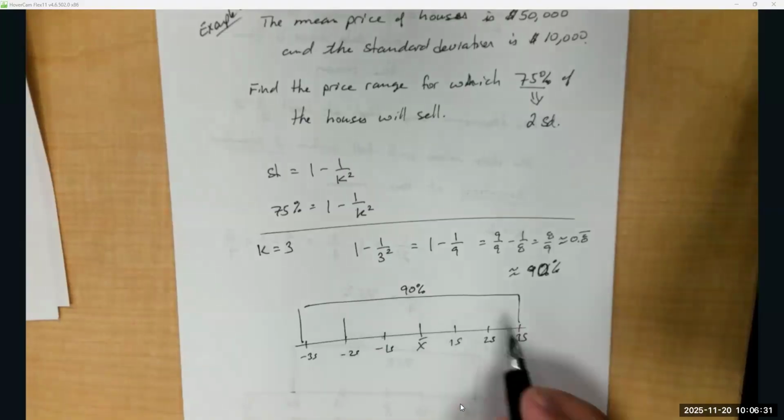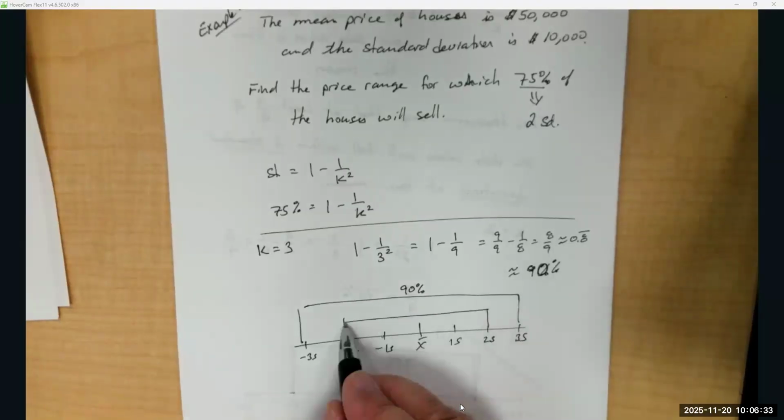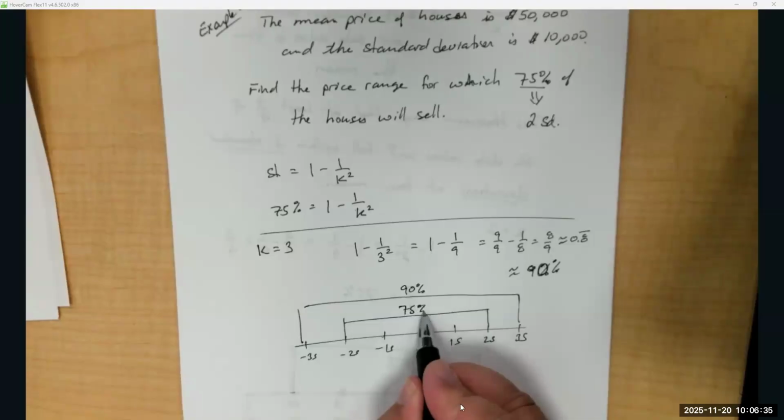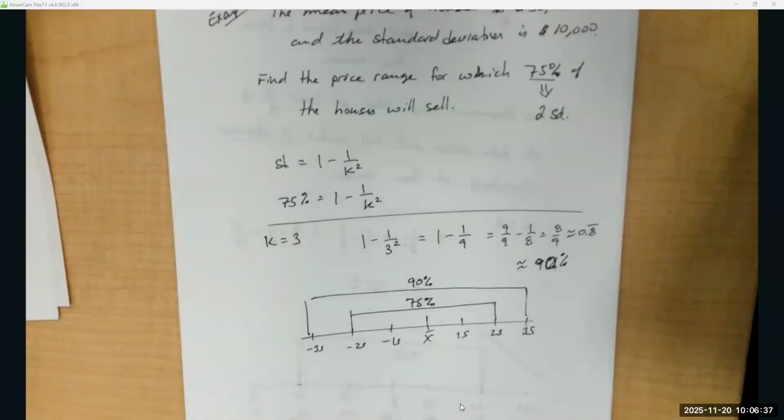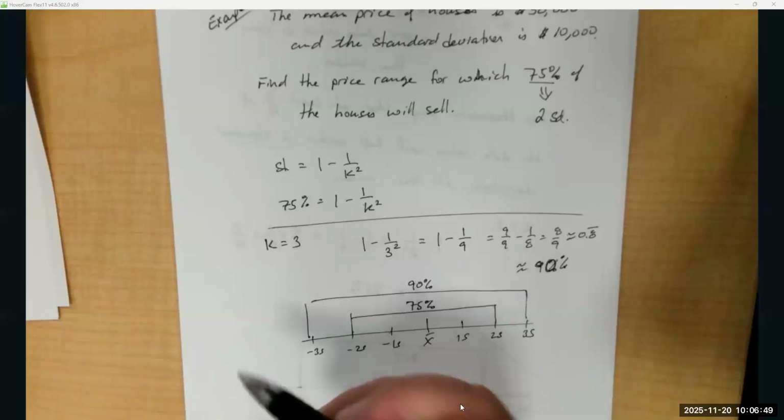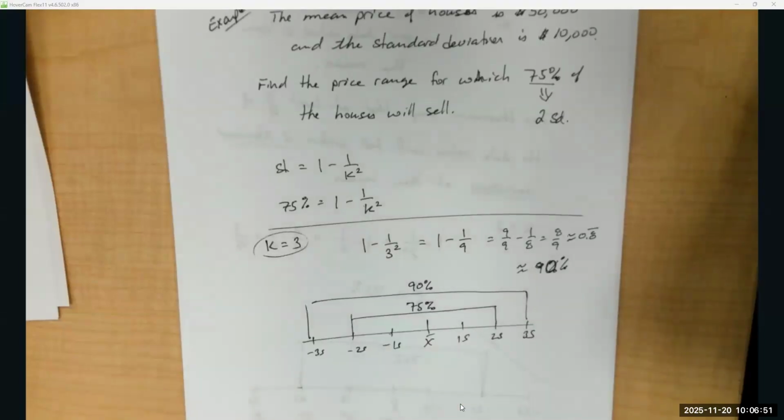And within 2 standard deviations, it's 75%. Again, it's an approximation. It's a very rough approximation. Are we okay with that? So we'd have to say, how many standard deviations do we want? If they ask for 90% or 95% or 75%, you know what it's looking for.